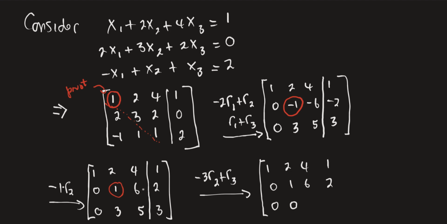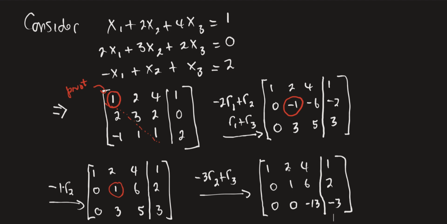So now we have -3 times 6, that's -18, plus 5, that's -13. So there we go. And then here, -3 times 2, that's -6, plus 3, that's -3. And then we have this, right?